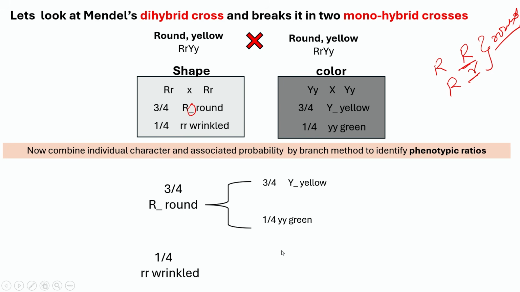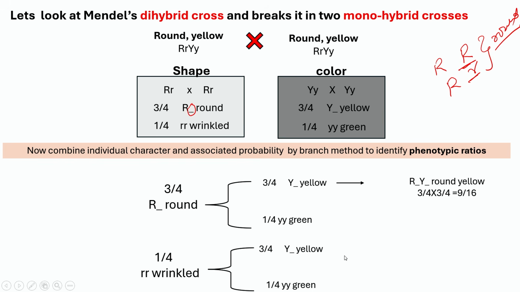That is what I meant. Same way, if you have 1/4 wrinkled, this wrinkled could go with yellow and it could go with green, and to be with yellow there are 3/4 chances, and to be with green there are 1/4 chances.